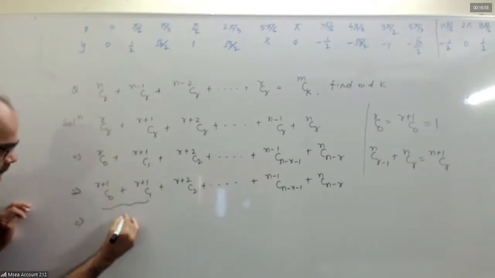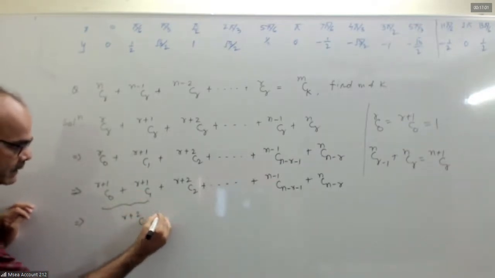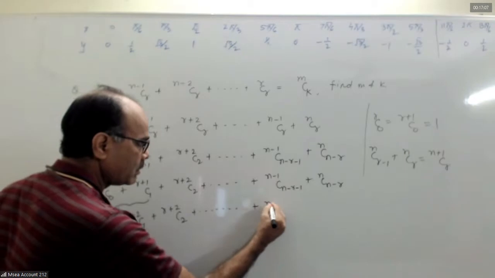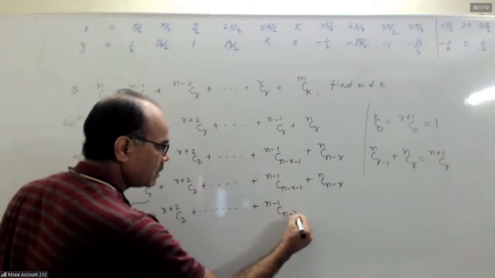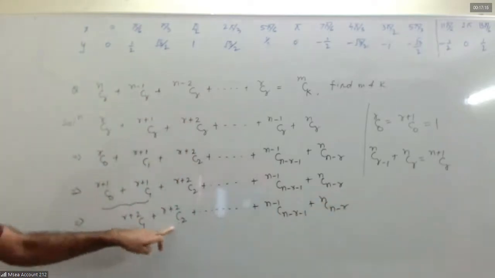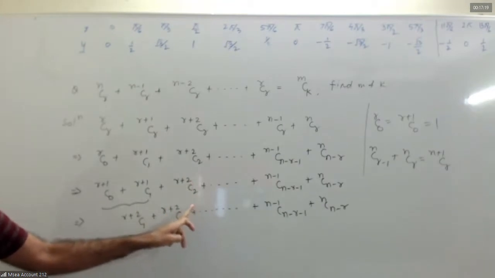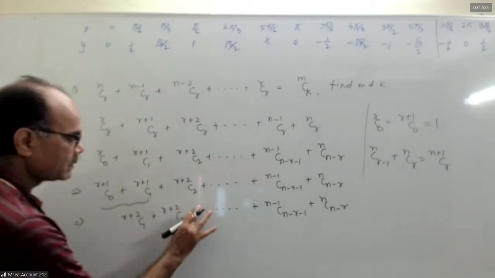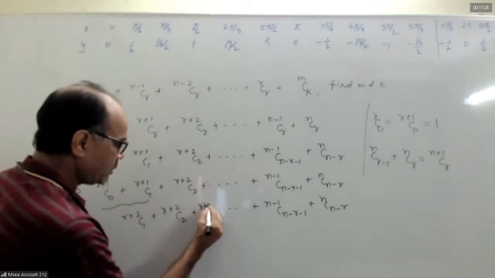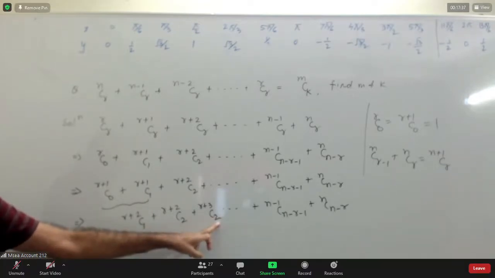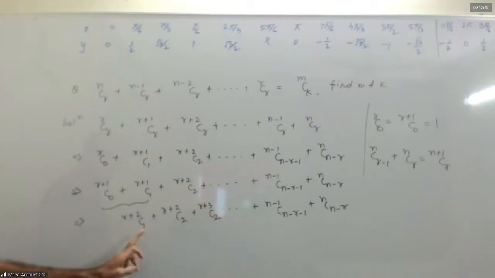merging this, plus R plus 2 C2. Next, if you merge first two, R plus 3 C2, again you can merge with that. Okay, let's write R plus 3 C2. See what happens if I merge these two.